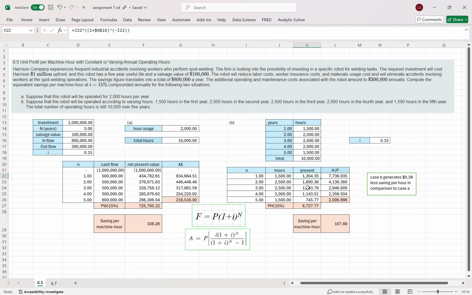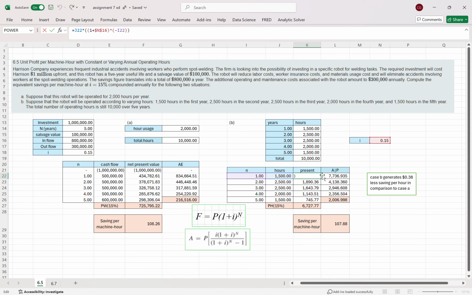So for the first column, for the present column, I used the compound formula. I used as my P the corresponding hours for that period. For my N, I used the corresponding period for that row, and then for my I, I used the interest rate of 15%.